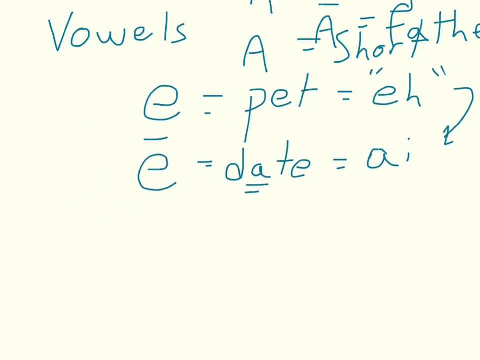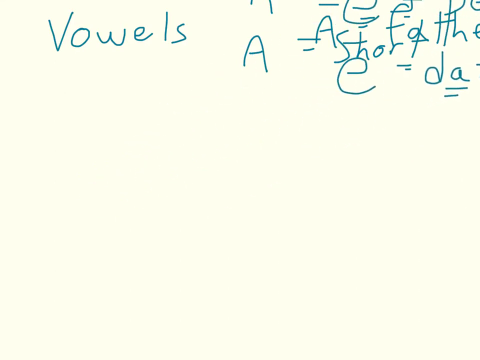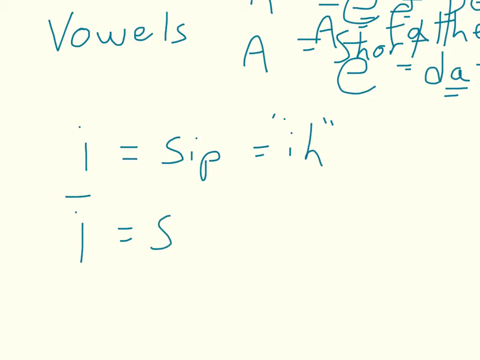So that's E, and then the other really important one is going to be the letter I, which as a vowel definitely has a big difference between a long I and a short I. The short I is going to be like in our English word sip. And then the long I is going to be like the sound of the two E's in sleep.